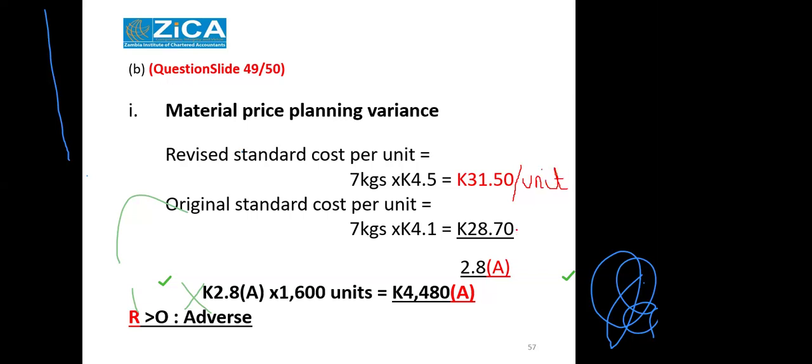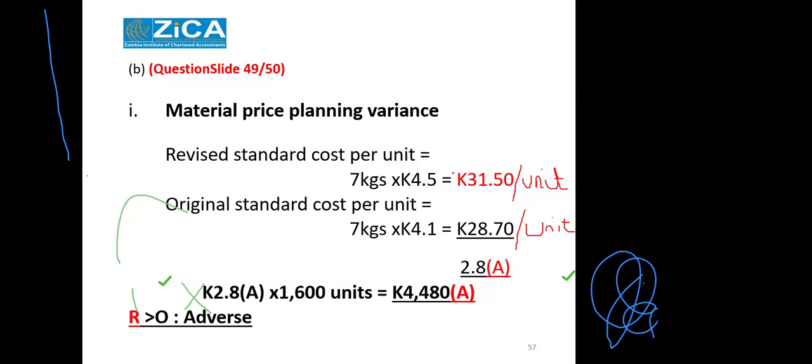Even the 28.70 also is per unit. So like with like, per unit. Okay, so we find the difference. Some are saying, why not 4.5 minus 4.1? Even that one, you can still use it.